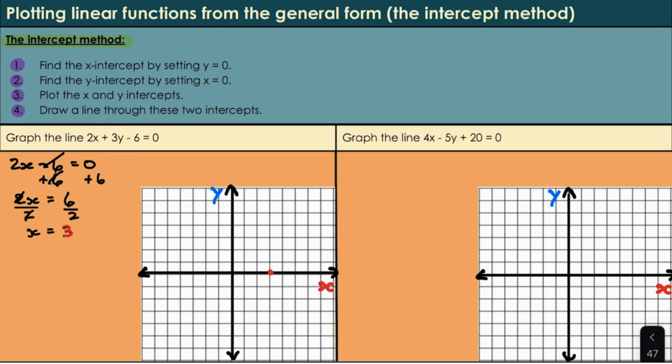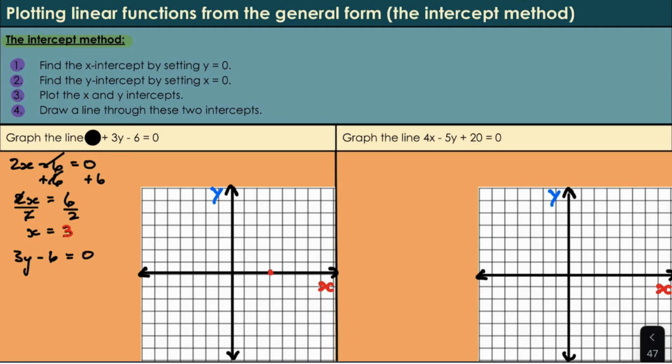Next up, my y-intercept by setting x equal to 0. Now, in our equation, if I replace that red x with 0, I will have 2 times 0, which is 0. The x term disappears. What I'm left behind with is 3y minus 6 equal to 0.